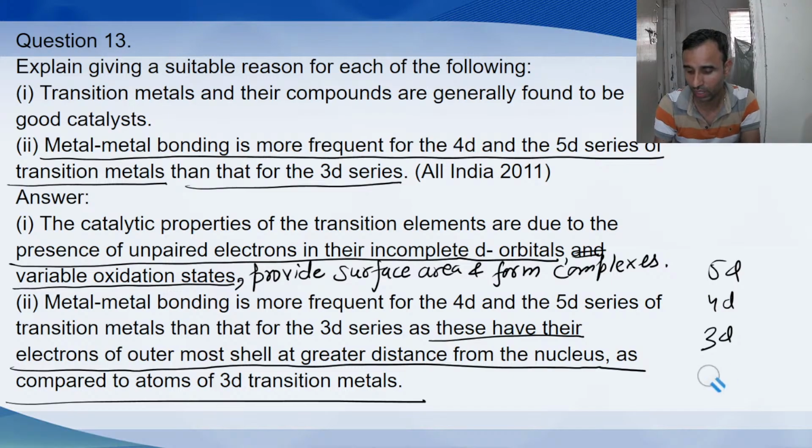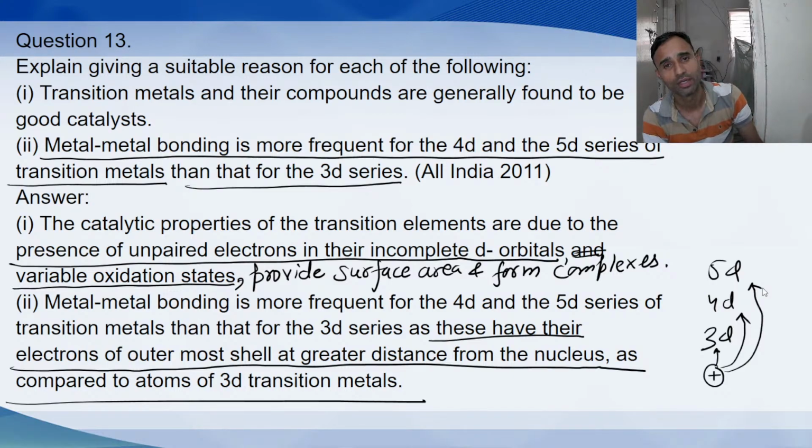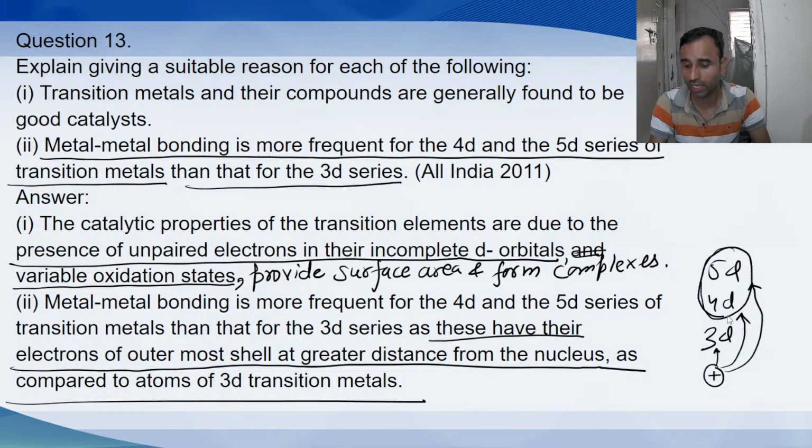From the nucleus, 3D is closer, 4D is away, 5D is farther. So that's why 4D and 5D electrons are more easily available for metallic bonding. They more easily participate in bonding, and that's why metal-metal bonding is more frequent in the 4D and 5D series.